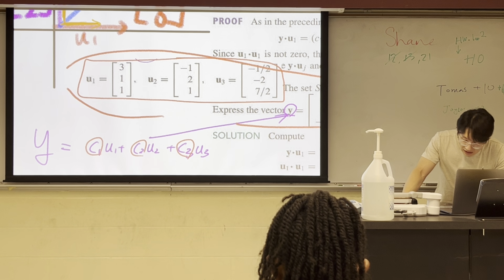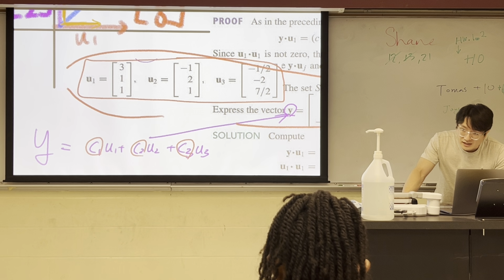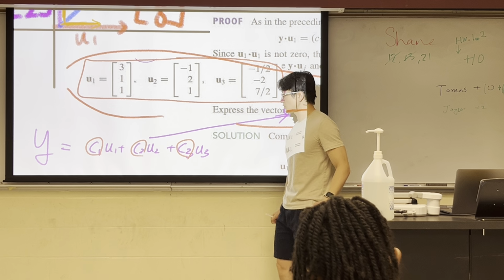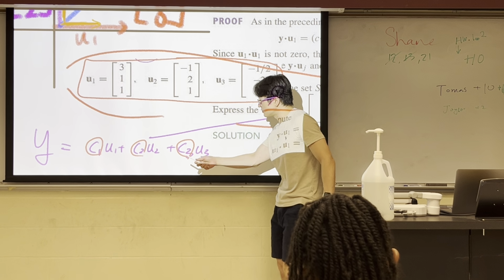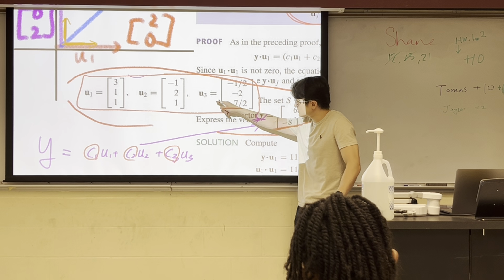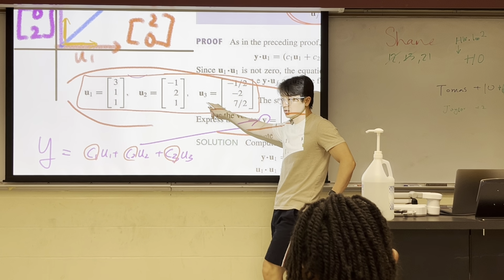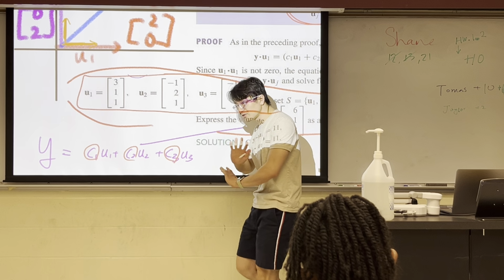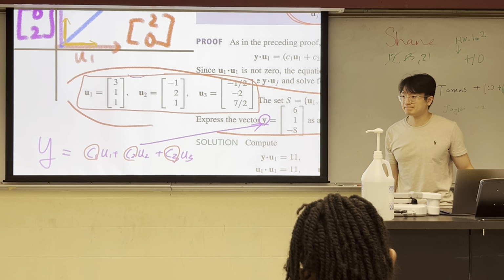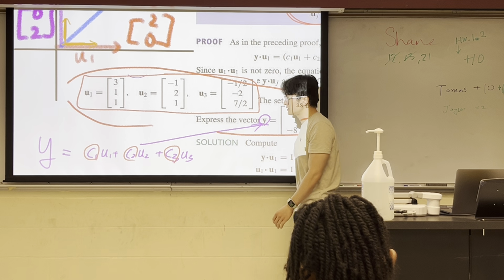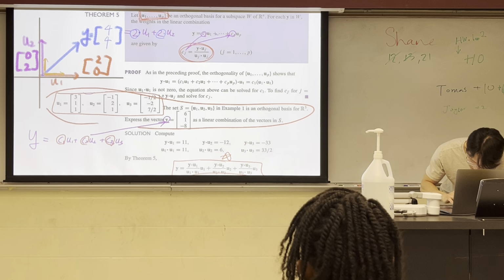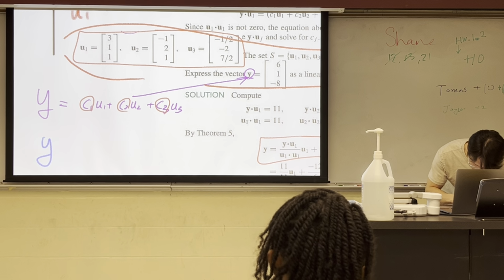And if you get a consistent solution, then what is the conclusion? Y is in the subspace spanned by U1, U2, U3. However, if you cannot find the solution, then what can you do? You have to estimate it. Yes, estimate. In that case, you have to find Y hat.